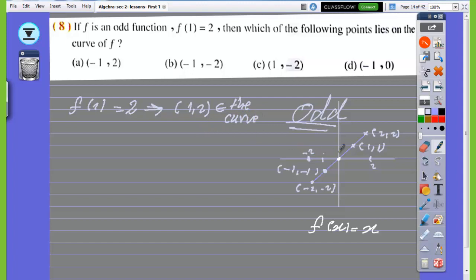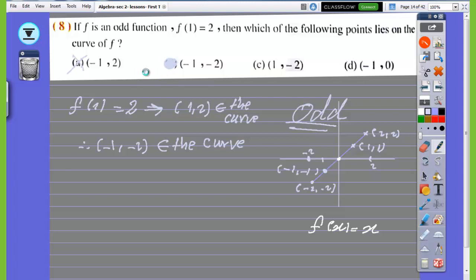So according to the definition and according to the previous discussion, since 1 and 2 belongs to the curve, the point negative 1 and negative 2 must belong to the curve because it is an odd function. So what is the result here? Negative 1 and 2, wrong. Negative 1 and negative 2, yes, it is the right solution, and this is your answer.